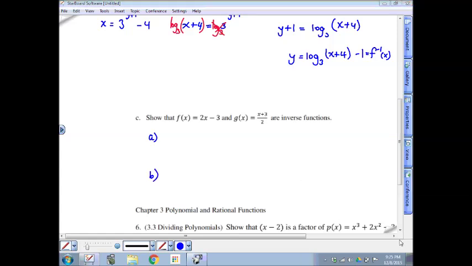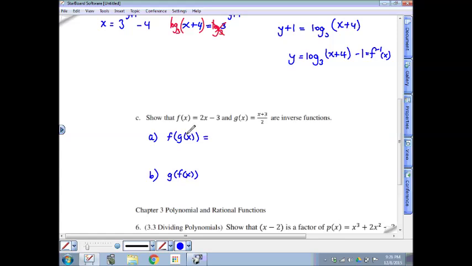First thing you would have to find is f of g of x, and then second thing you'd have to find is g of f of x. And it's not just finding both compositions, it's what they equal that's important.